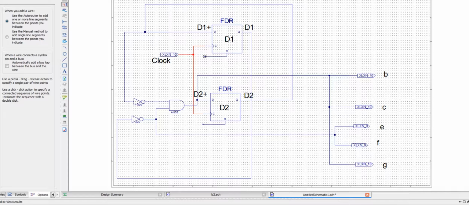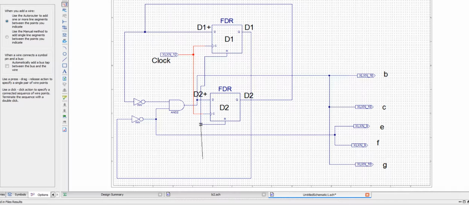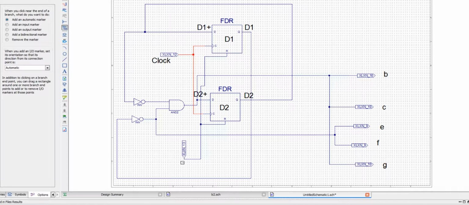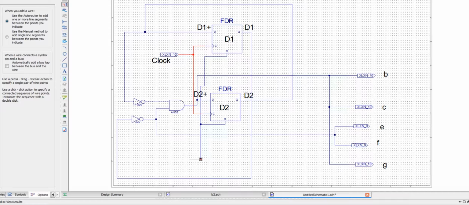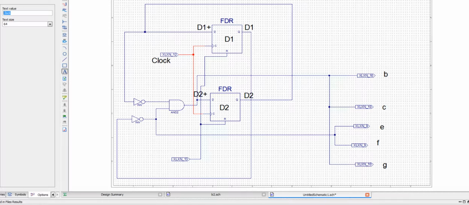And I also need my reset inputs, so I connect the two resets together. It doesn't like that. Okay, so this is my reset, and I write the name of it as well, reset.